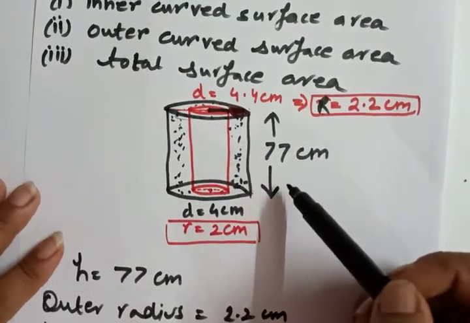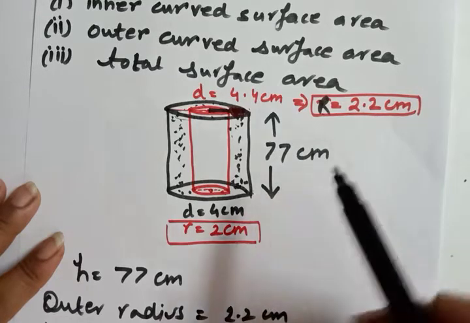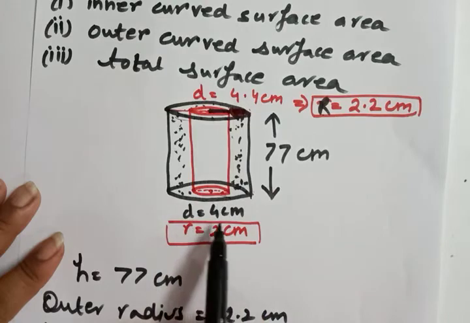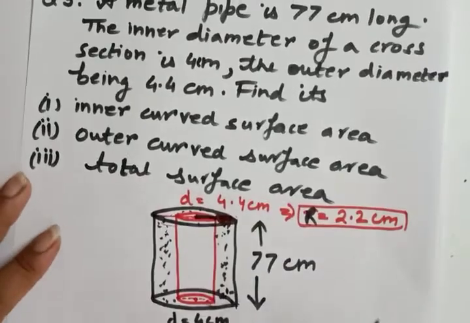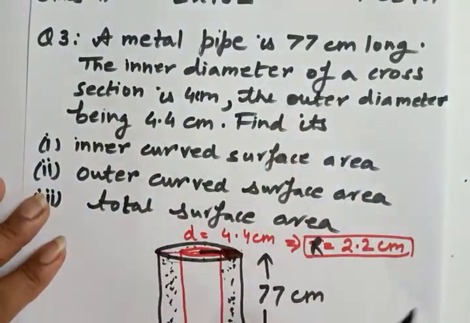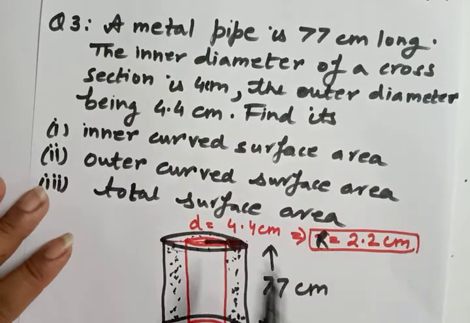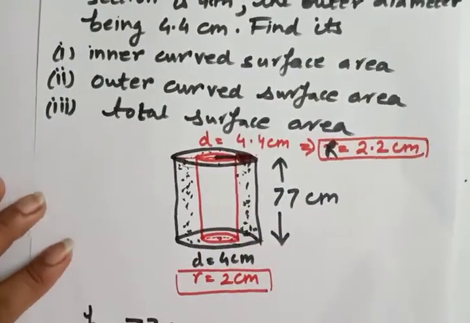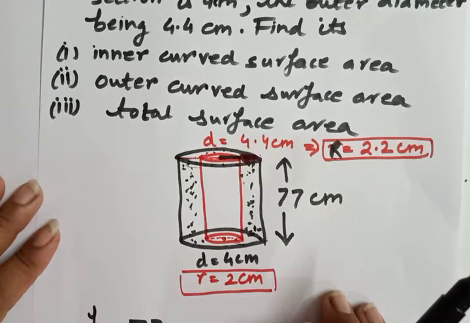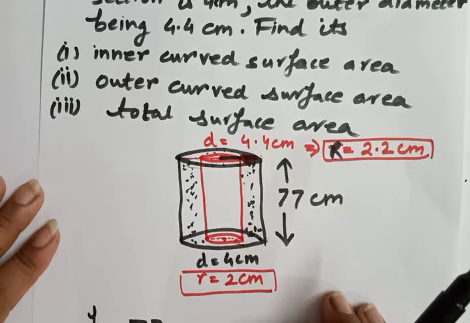The height is 77 centimeter and the inner diameter is 4 centimeter, so the radius will become 2 centimeter. I hope it is clear according to the dimensions given in the question. So the figure will look like this. When you are able to draw the correct figure according to the question, it becomes very easy for you.